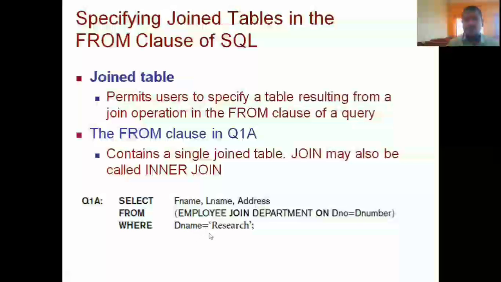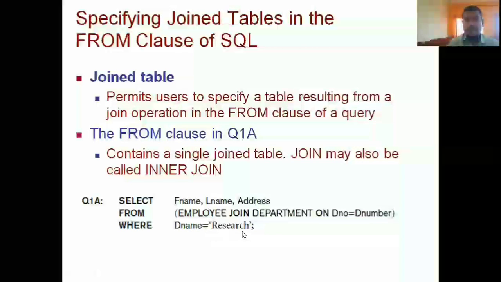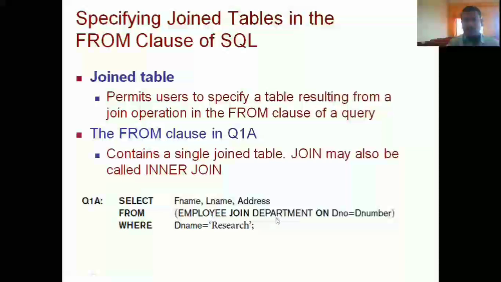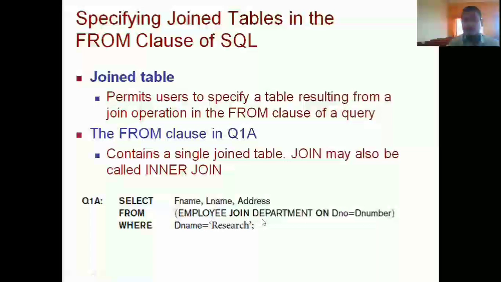That particular D name resides in a table attribute, so we can apply this condition: D name is equal to 'Research'. Based on this condition, we are joining the employee and department tables.